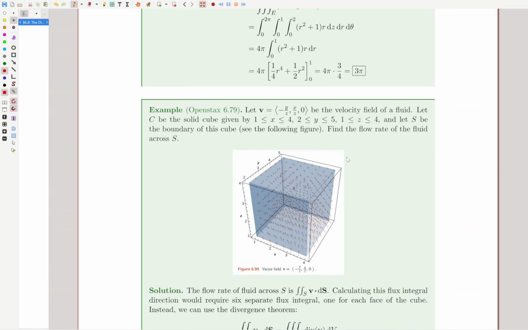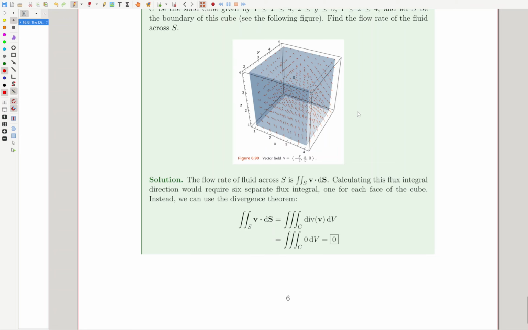The book goes on to say that if your vector field is of this form, f some function of y and z, g some function of x and z, and h some function of x and y, then the divergence of F is going to equal 0.